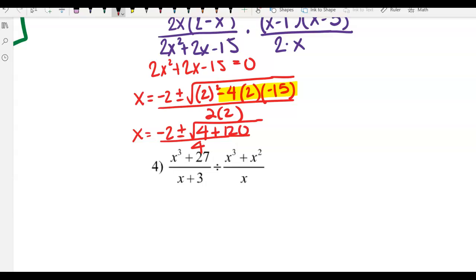Okay. Do you guys agree? Yeah. Okay. And then Dexy, what's 120 plus 4? 124. Good. So negative 2 plus or minus square root of 124 all over 4.